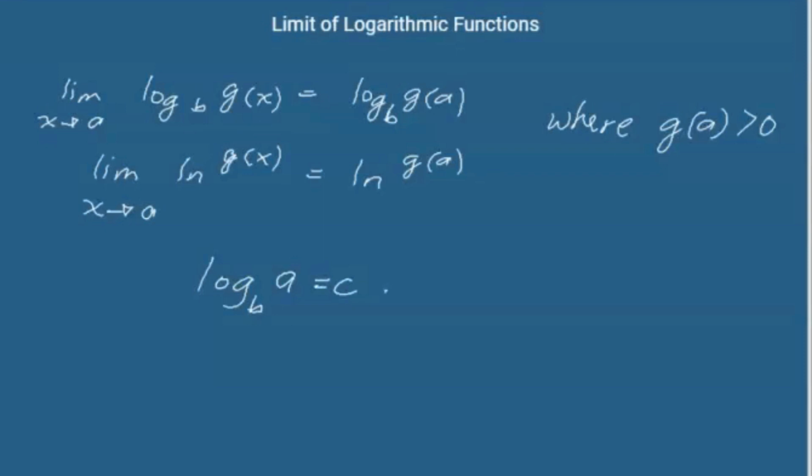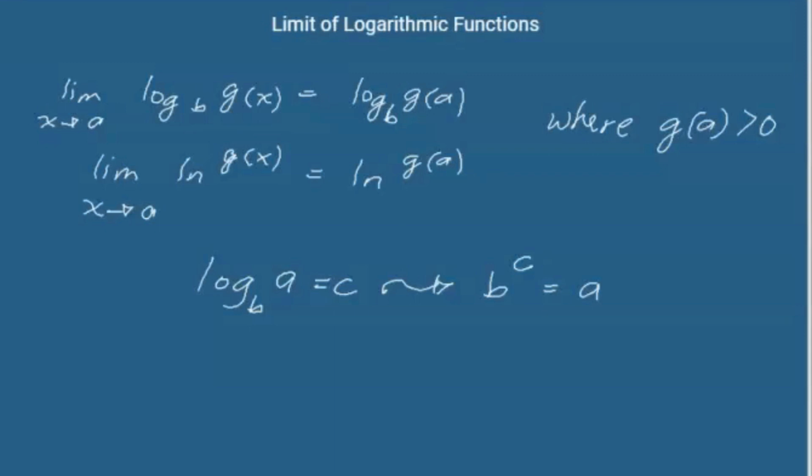If we rewrite this into exponential form, we still use the same base b, but the exponent, instead of a, will be c, and that will be equal to a. So we just switch a and c when going from logarithmic to exponential or vice versa.